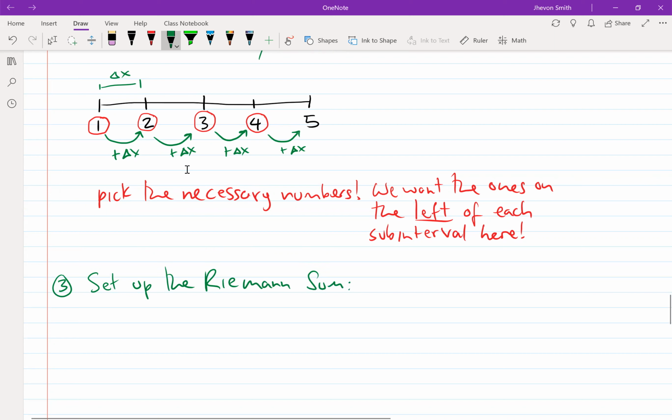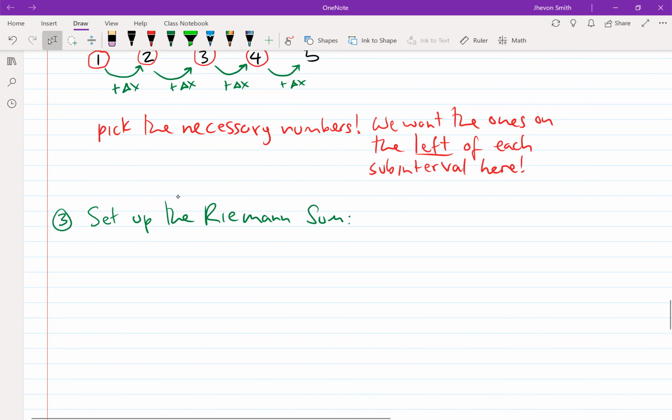Now, what this is actually going to look like is, we're doing L sub 4, the left-hand Riemann sum with 4 subintervals.